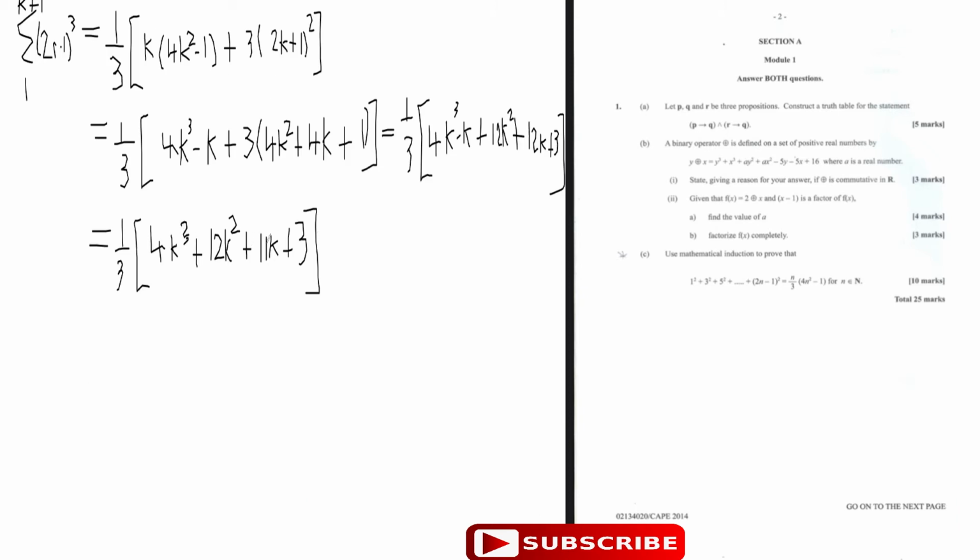The only way we can do that is polynomial division. Yes, I know it is tedious, but we're going to have to do it. We're going to do that to the side in red, factoring out k plus 1.